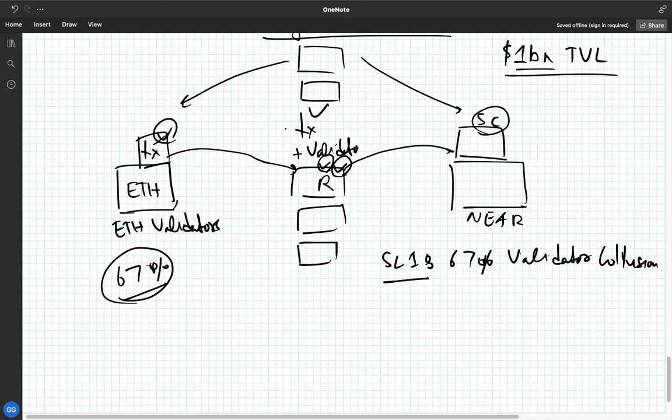So let's say the attacker is able to convince all the relays in the network to send only the fake blocks across. But even if there is just one honest relay, then that will send the real block on the other side, and the smart contract will essentially have two different blocks at the same height.